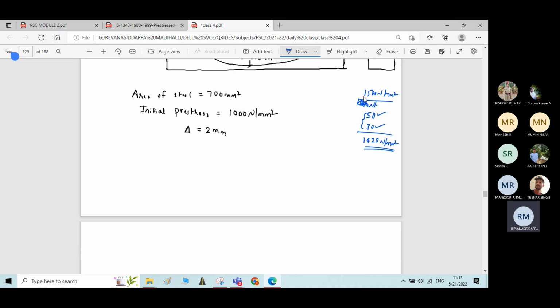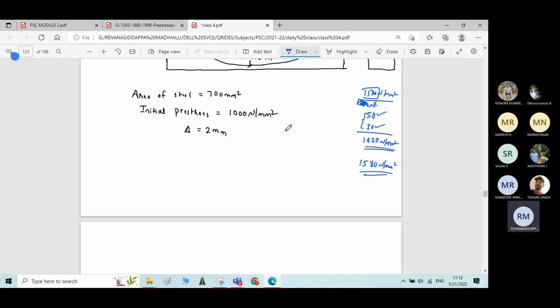Okay, instead of applying initial stress of 1500, if you apply 1500 plus 50 plus 30, that is 1580 Newton per mm square, then you can overcome loss due to friction and the anchorage. That is what the question says.